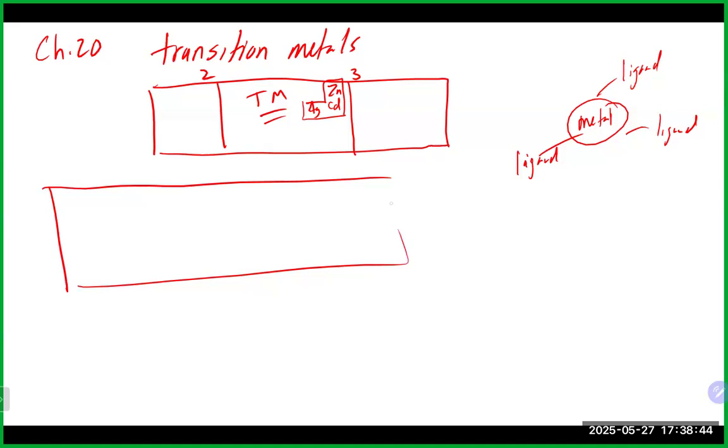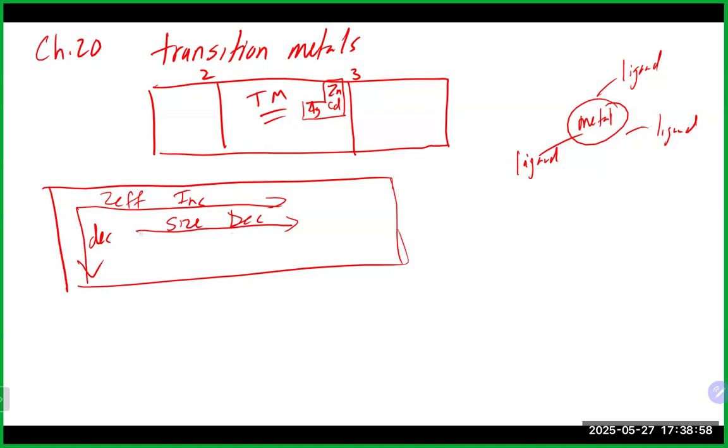Now, some general trends on the periodic table. We talked about Z effective, the effective nuclear charge, which increases as you go up to the right and decreases as you go down to the left. Atomic size decreases as you go up and to the right and increases as you go down to the left.